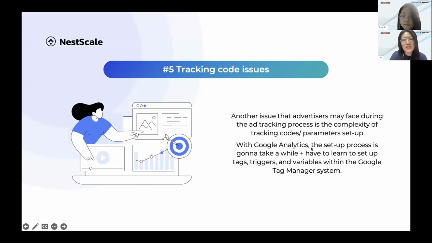So if you're using the analytic tools within Facebook or TikTok ads, there's only one step, setting up the platform pixel. However, if you're using analytic tools like Google Analytics, which are more complicated, then the setup process is going to take a while. And then you also have to learn how to set up tags, triggers, and variables within the Google Tag Manager system, which is going to take some time and effort.